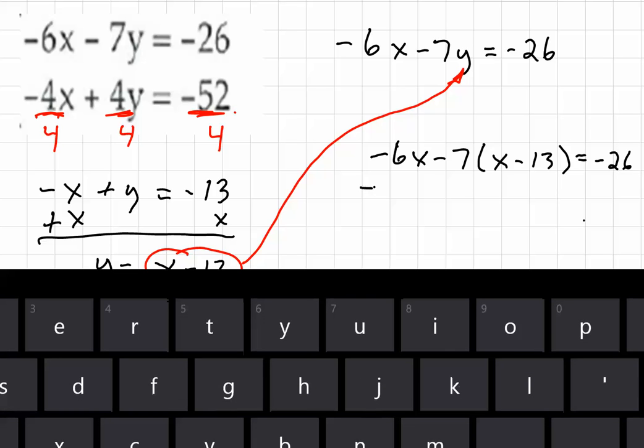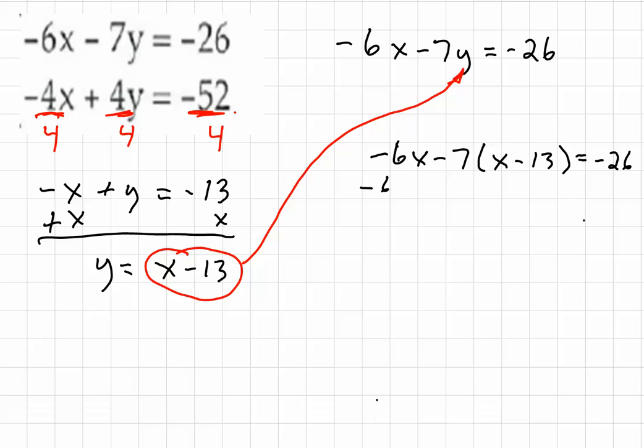Do some simplifying. Combine like terms.